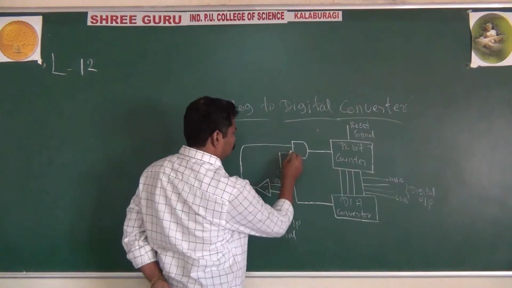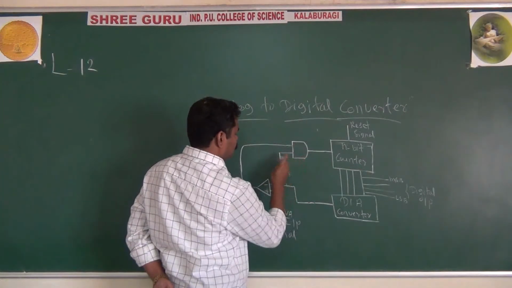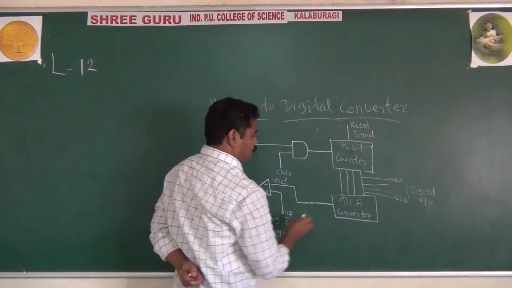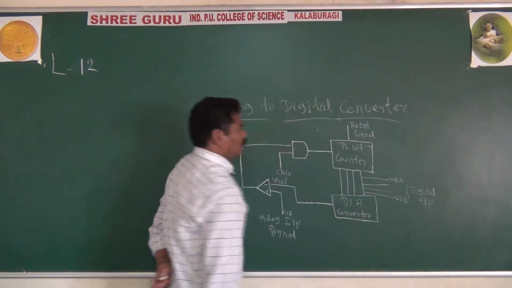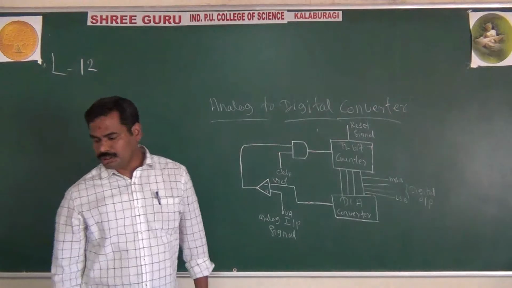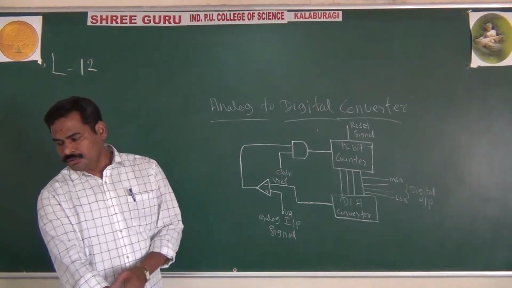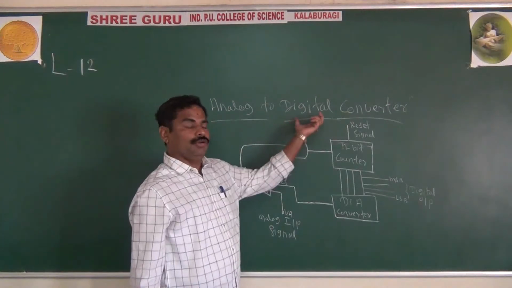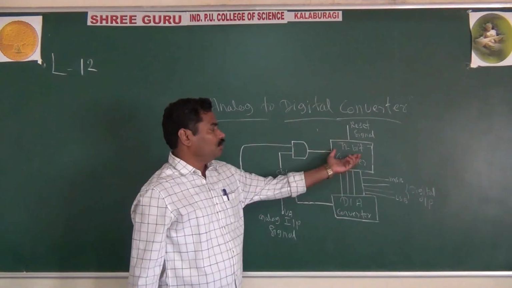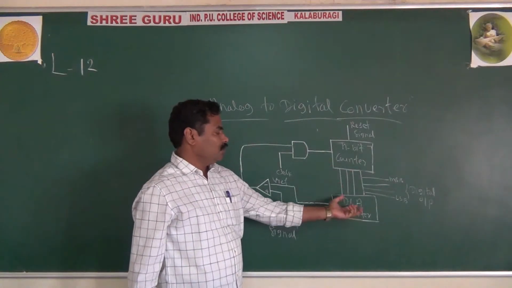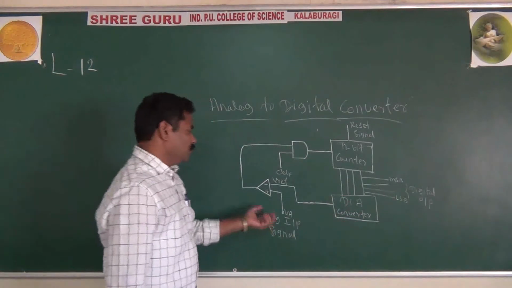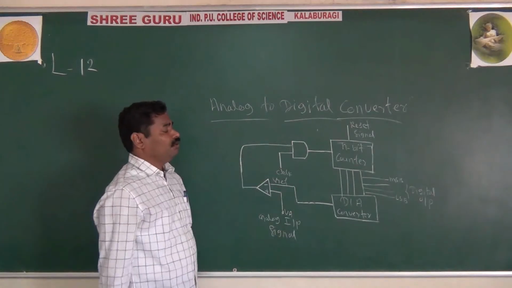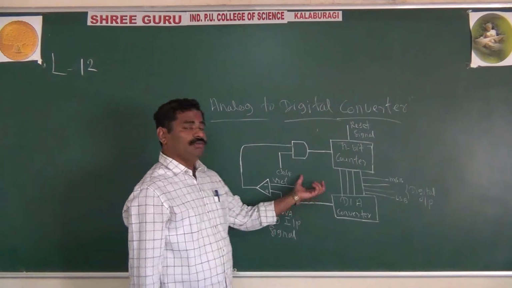This is the simple block diagram of your analog to digital converter. As usual, it contains an AND gate, counter, D2A converter, and a comparator.